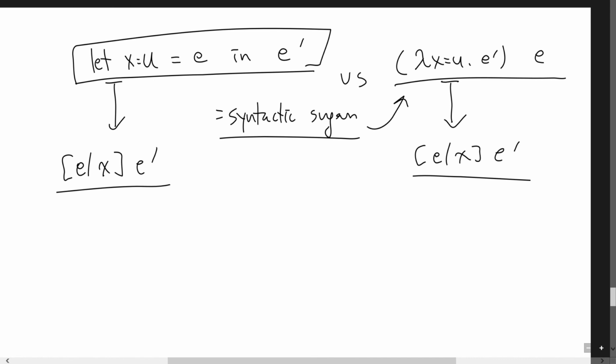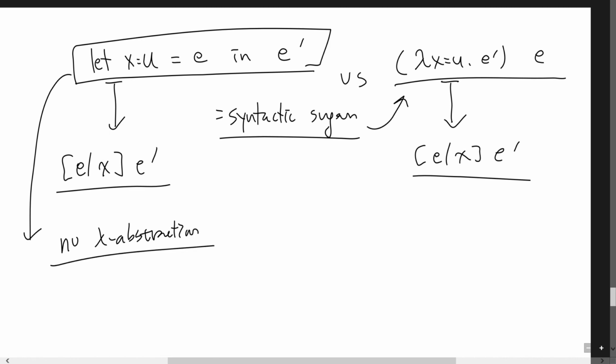The difference is, in this case, we don't use lambda abstraction. There's no lambda abstraction involved. But here, we have this lambda abstraction where the variable x has polymorphic type.